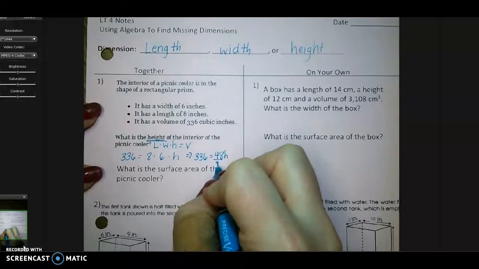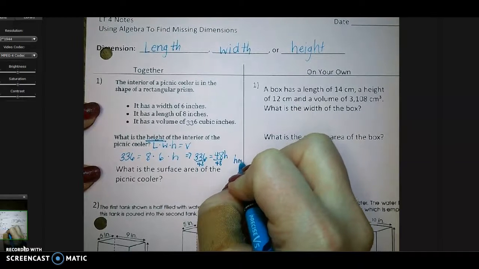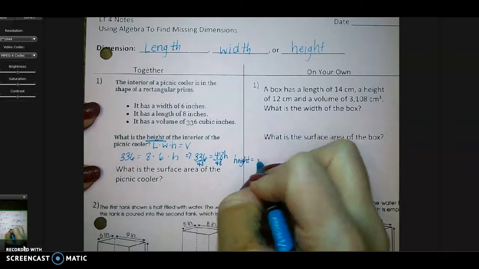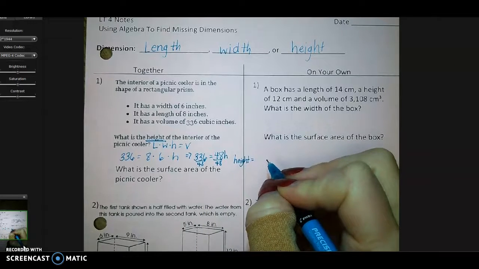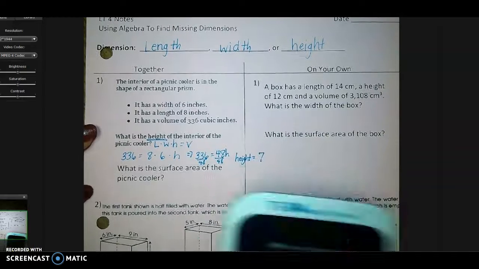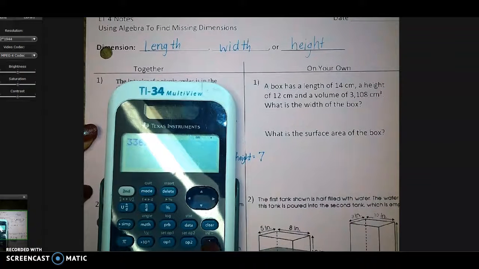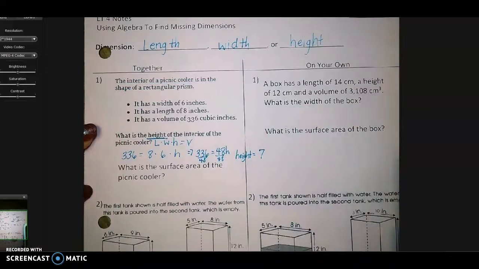So we would divide both sides by 48, and we would find out that the height was equal to 7. Just to show what that would look like, 336 divided by 48, and we would get 7 for the height.